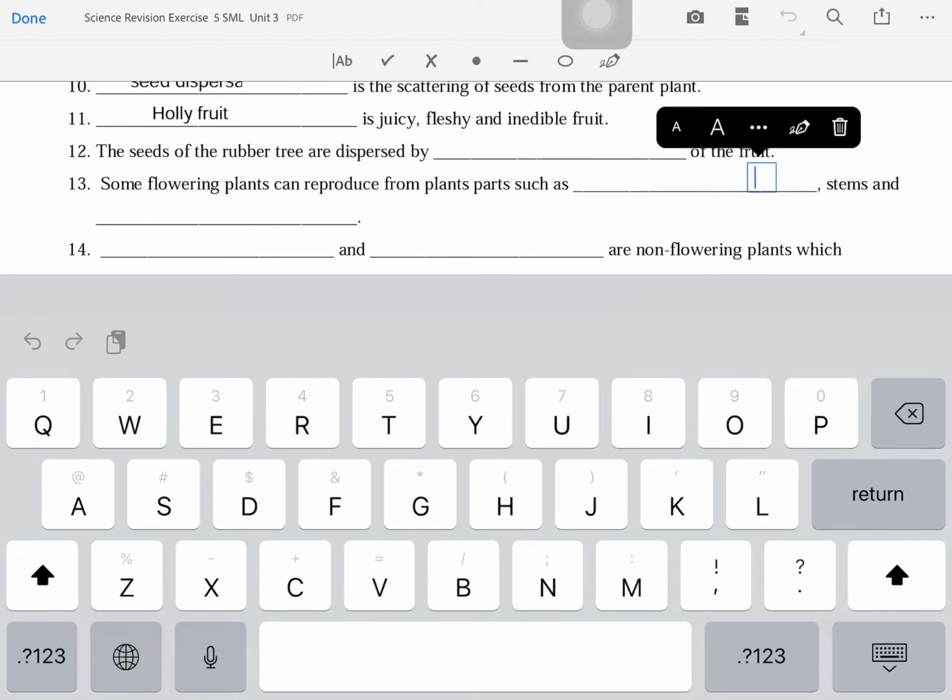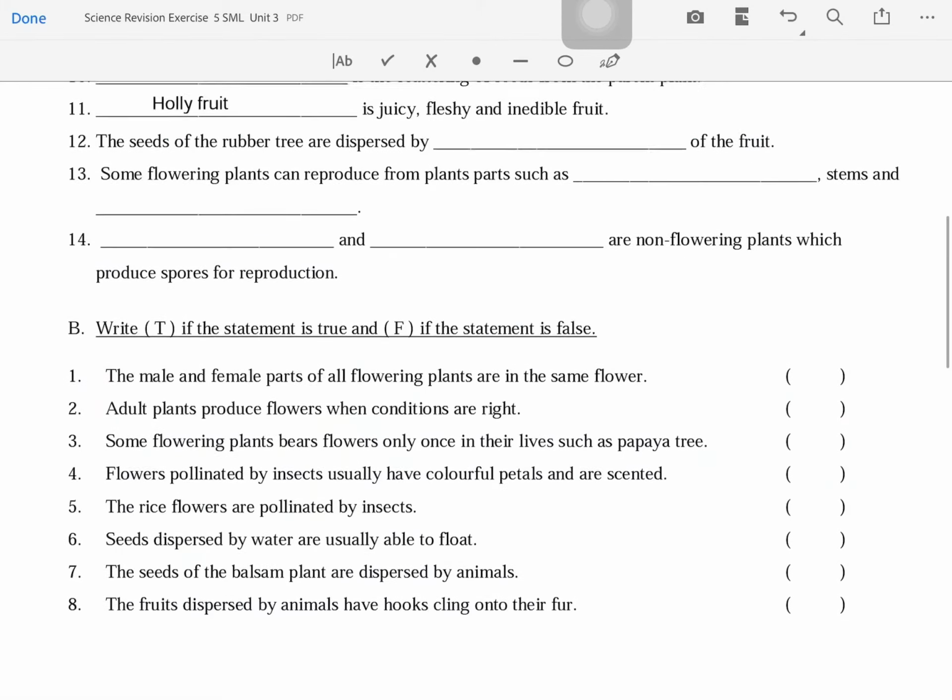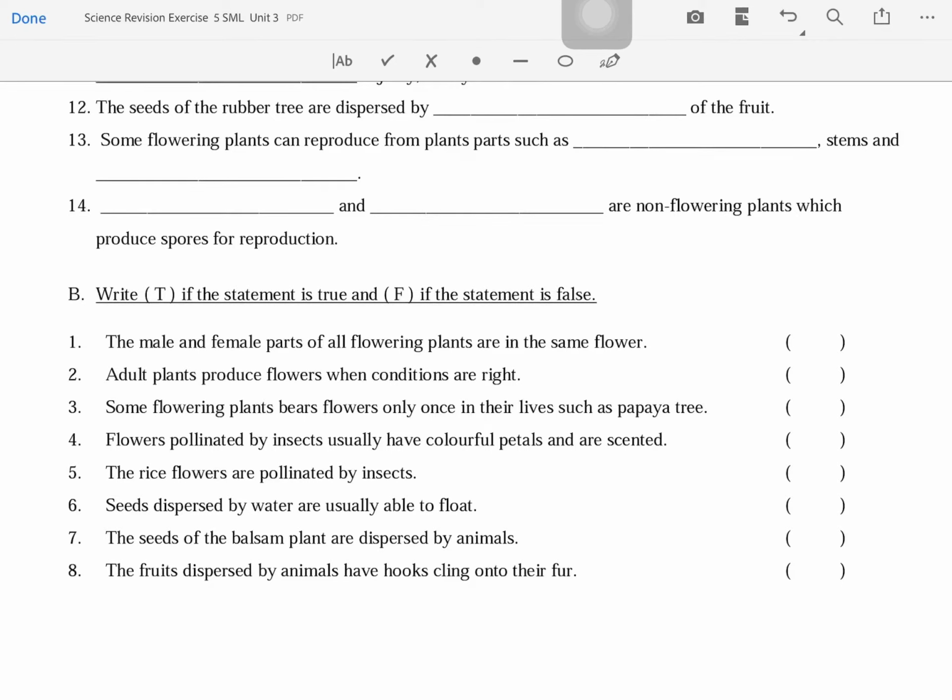Okay, this is how you spell it, holy fruit. Now question number 12, you talk about the seed of a rubber tree are dispersed by what of the fruit? Okay, so rubber tree dispersal, the answer you can actually find in your textbook as well.